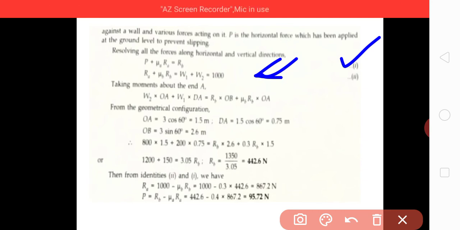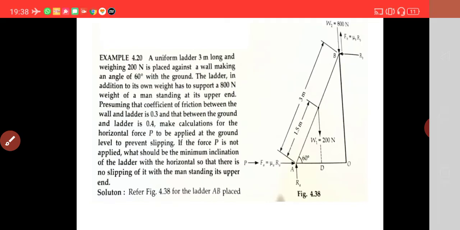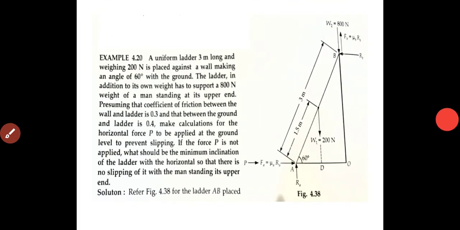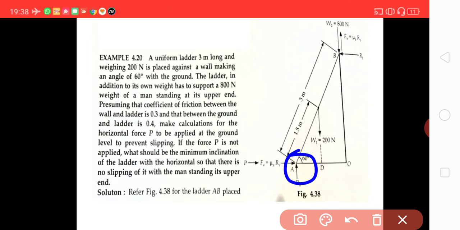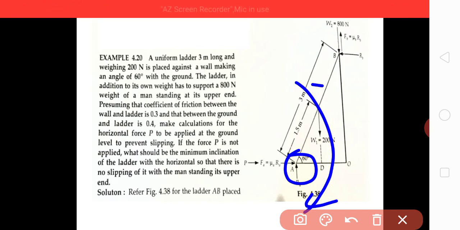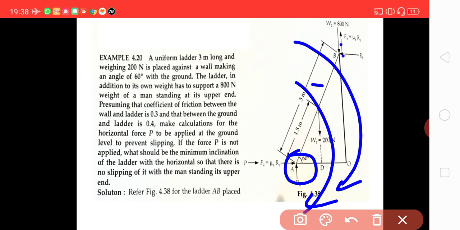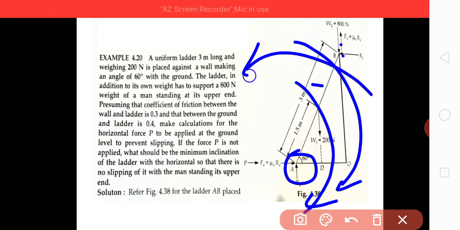we have to take the moment about A. Consider this. The moment for the ladder weight is clockwise. For the man, weight is again clockwise. The normal reaction is anti-clockwise, and due to frictional force again anti-clockwise.